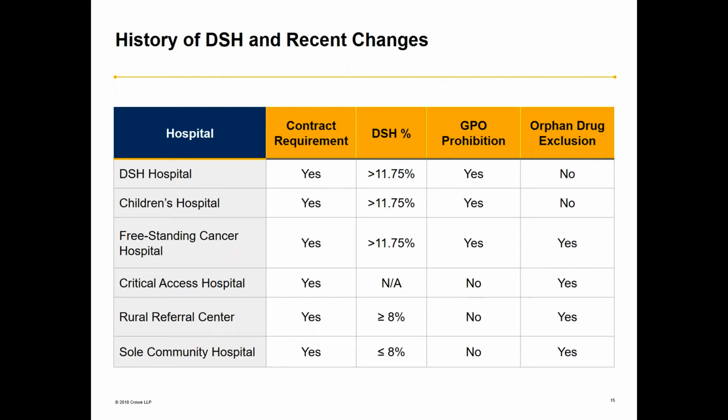It was one of those areas that CMS looked at and made some changes to last year, and the payment was about 30% less than what you normally had gotten. So that's really about a $1.6 billion annual cut to hospitals in 340B payments.